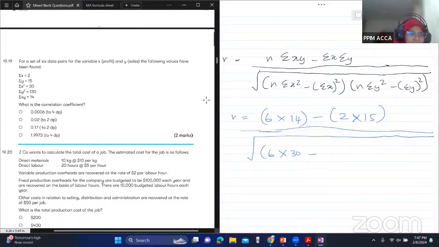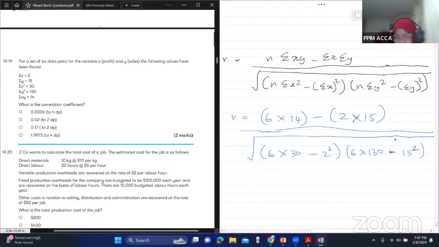So sigma x is how much? 2. 2 squared. Okay. Then you open the next bracket. Again, n times, which is 6 times sigma y squared, which is 130. Minus sigma y, the whole thing squared. So sigma y was 15 squared.